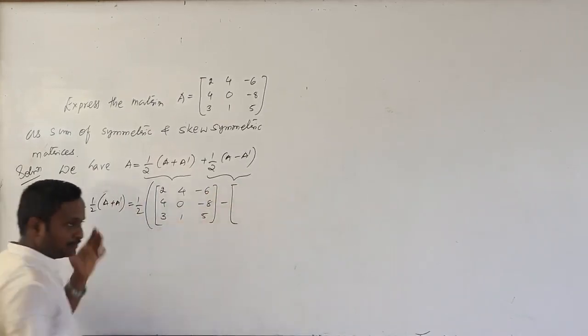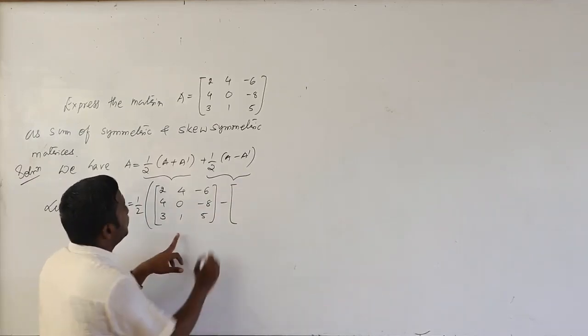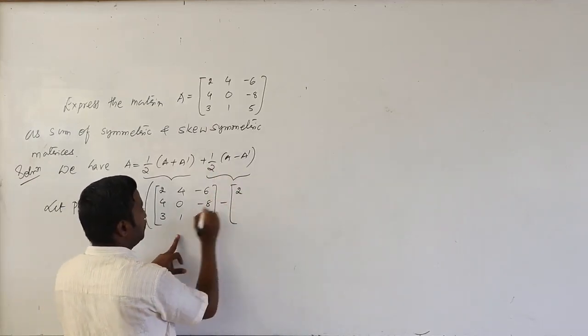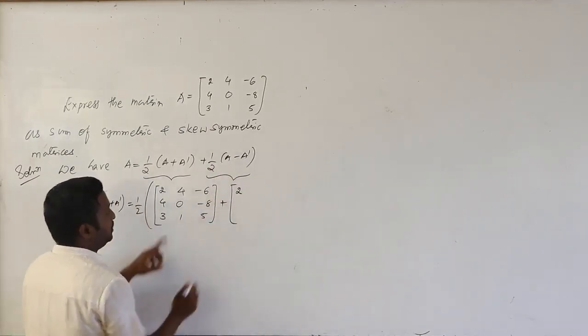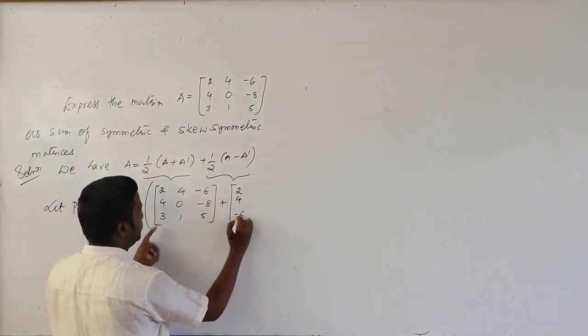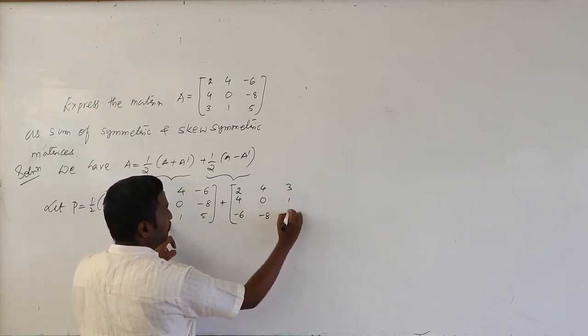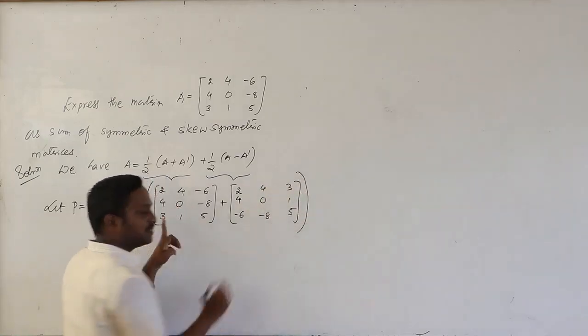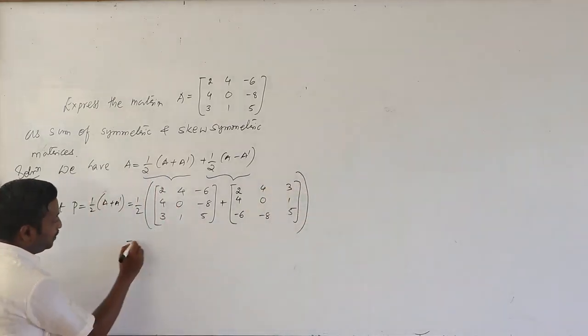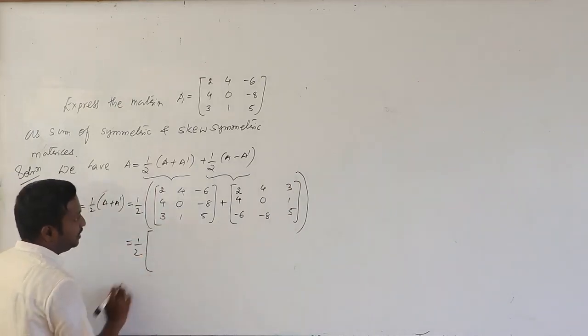Plus A dash: [2, 4, 3; 4, 0, 1; minus 6, minus 8, 5]. This is A plus A dash. 1 by 2 (A plus A dash). Make use of the same property.